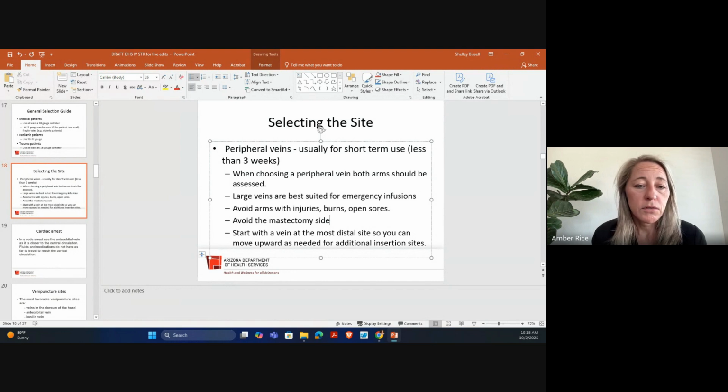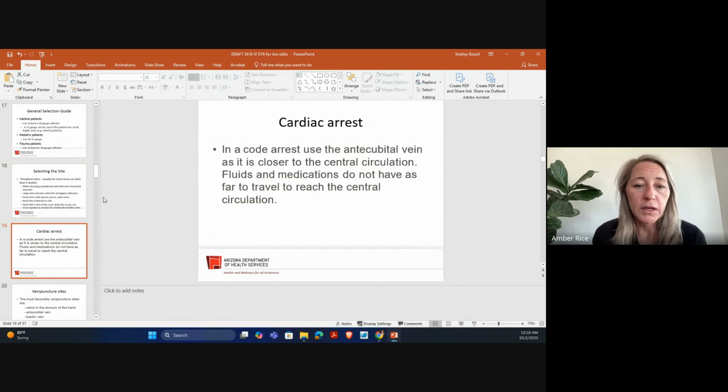So I have in here, start sort of distally in case you need to move up. And then the next slide says sort of like in cardiac arrest situations, you want to use a closer one. I don't know if we want to include other things in that, or just say something more general, like cardiac arrest patients or other critically ill patients.